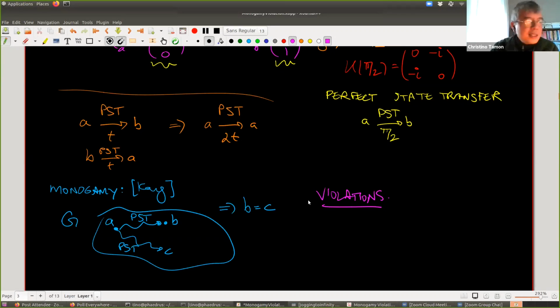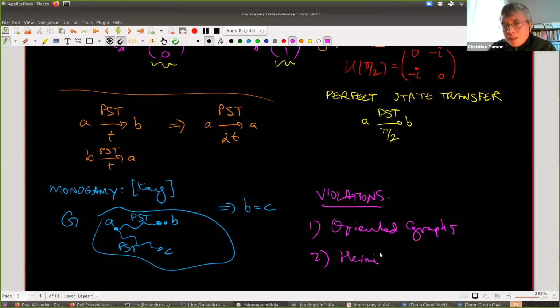We're going to do this in two parts. Sabrina will look at oriented graphs, which she will define soon, and I will look at something a little bit more general, which allows for a full Hermitian. Okay. So Sabrina, go ahead.